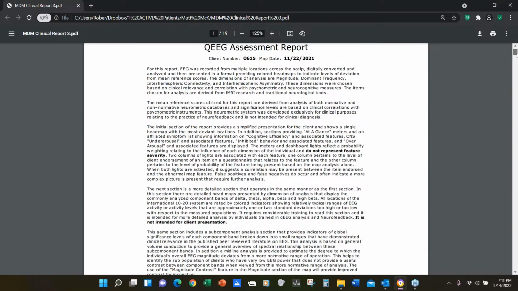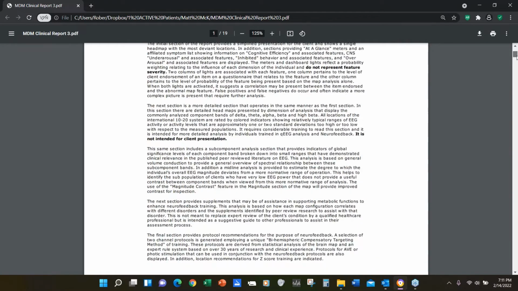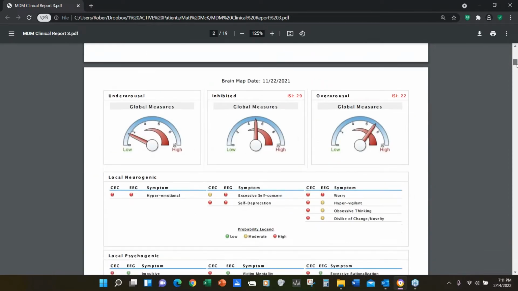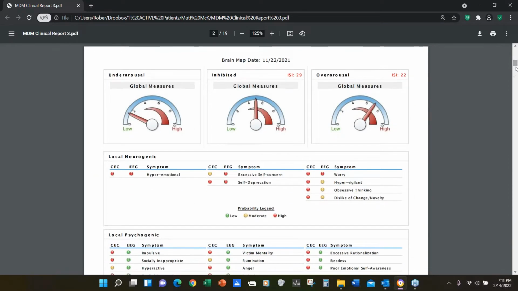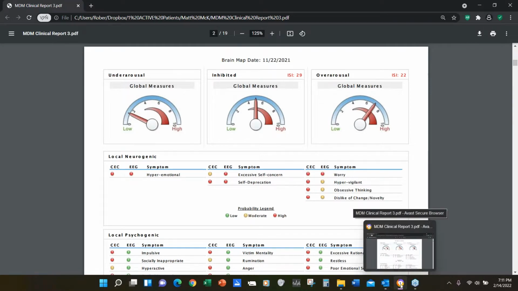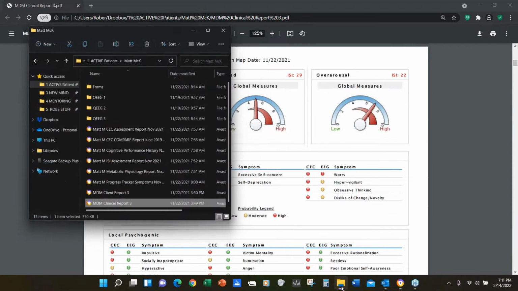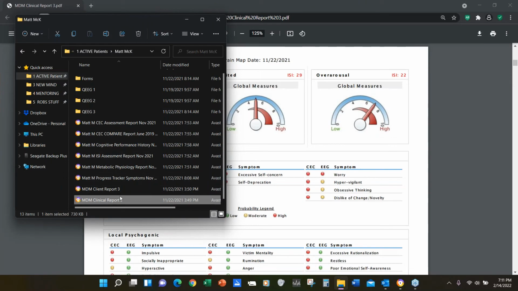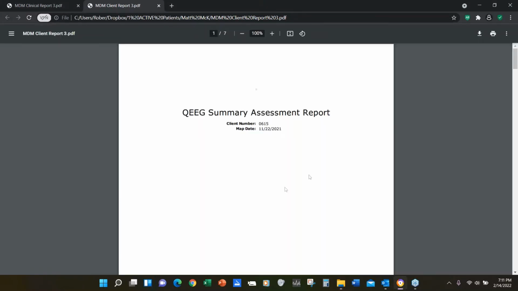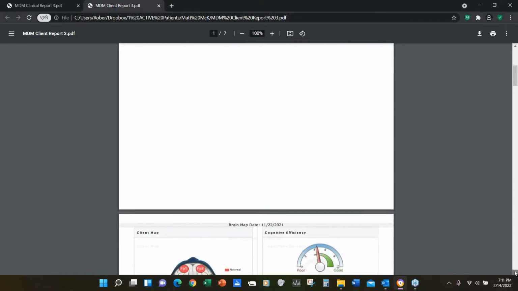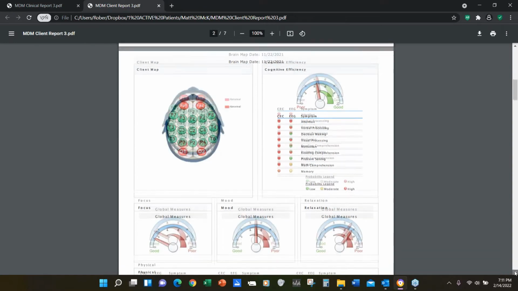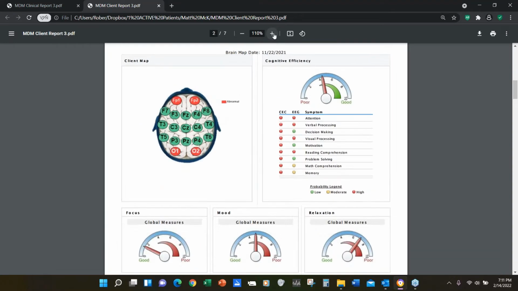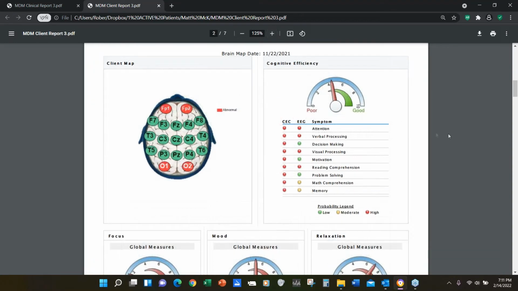So the NewMind mapping system gives us a summary report about the whole report. And then you have what we call the dashboard. For those of you familiar with this mapping system, we also have what's known as the client report, and that's this report right here, which is like a mini version of the dashboard in very simplistic terms.